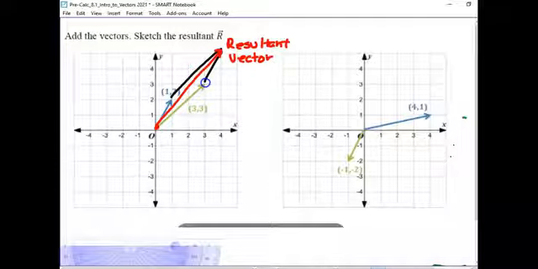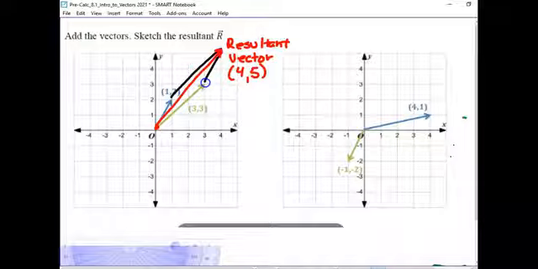Okay? So now besides sketching it, we want to talk about what we mean by magnitude and what we mean by direction. Before we do that, just notice where the point ended up. The vector ended up right 4, up 5. Right 4, up 5. Okay?